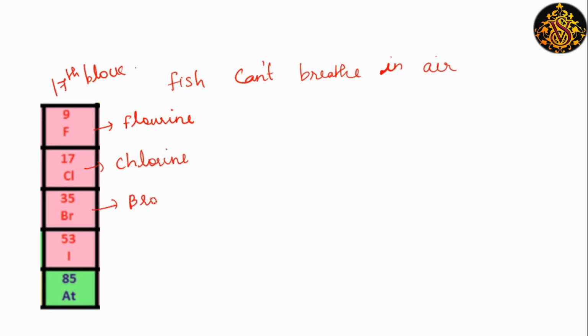Br, bromine. I, iodine. And At, astatine. So F, fluorine, fish. Can't, chlorine. B, bromine. And in, iodine. And A, air, astatine. Okay, remember this phrase easily. You can write those elements.